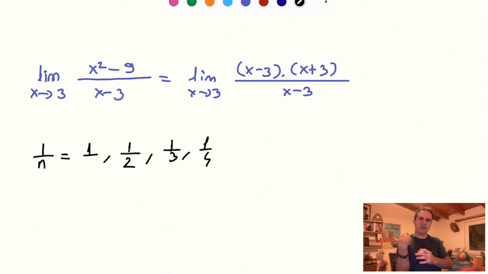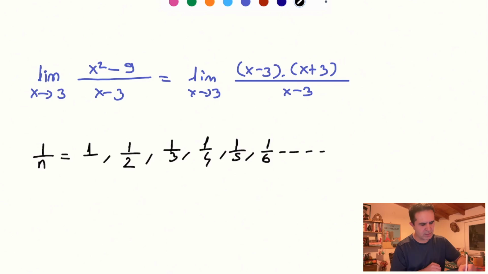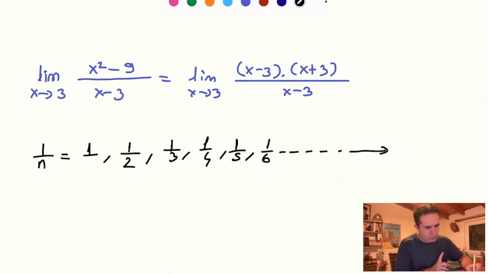As n gets larger, the terms of the sequence get smaller. 1 over 5, 1 over 6. You can see that the terms of the sequence get smaller and are getting close to 0.